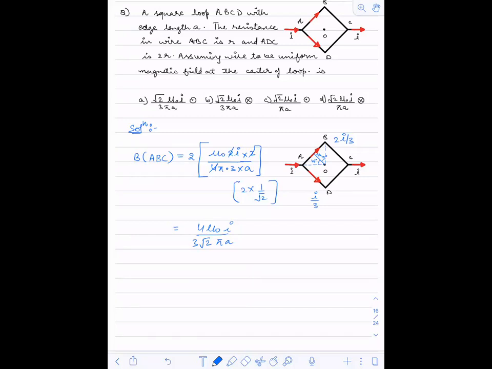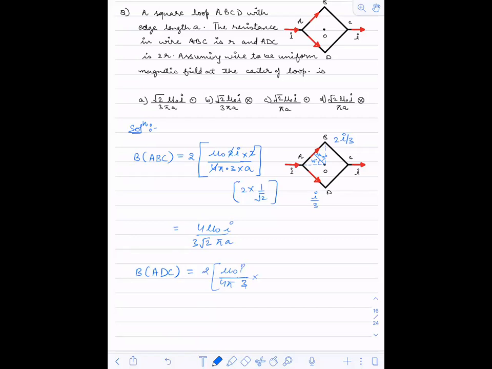Okay, due to BC. Now, due to ADC, magnetic field due to ADC, what is the value? 2 times mu naught I by 3 divided by 4 pi, into what is the angle? I will write A by 2.